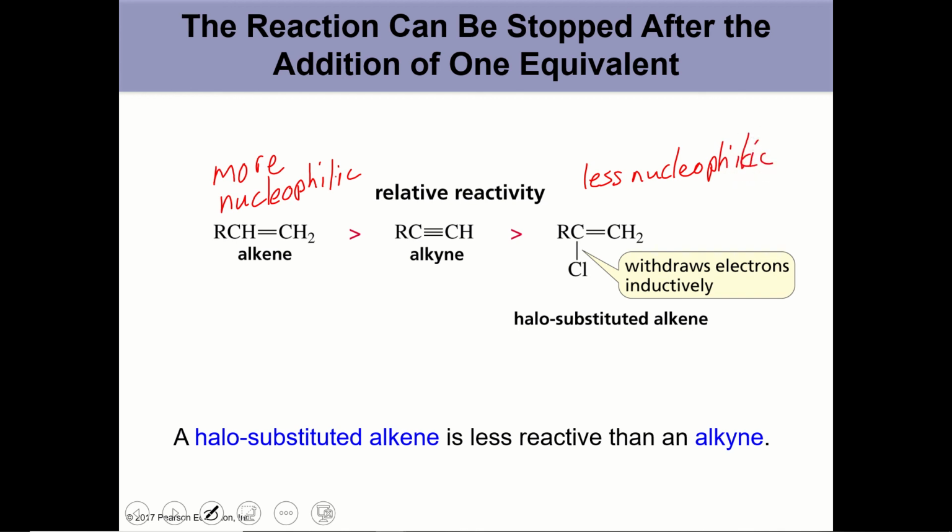So less nucleophilic literally means less able to donate electrons. And that is because of the thief chlorine. And all halogens are thieves, taking away electron density.